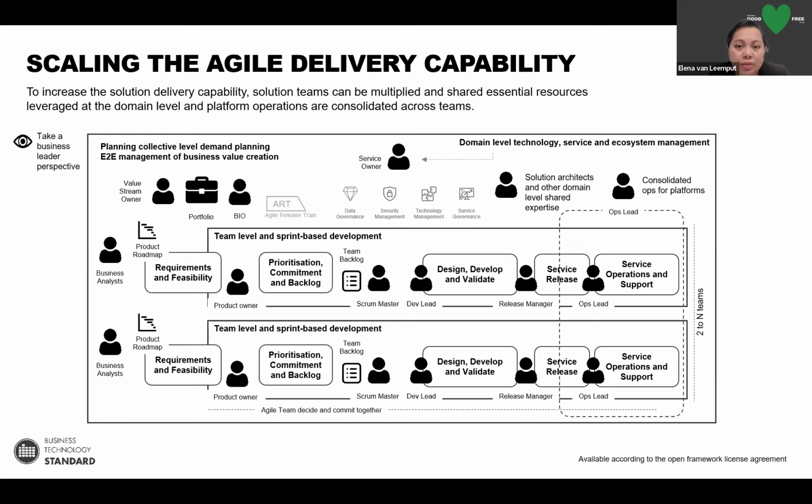So this will create a sort of matrix-like structure where technology management is executed across different teams using the same underlying technology. While also we ensure that the Agile team remains closely aligned with the specific business needs. And you can see here how this is essentially scaled.